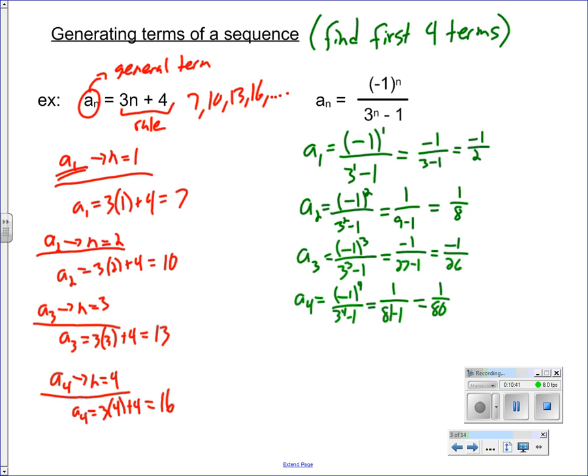So there's our first four terms. We can write those out in our sequence: negative 1/2, 1/8, negative 1/26, and 1/80. You can see that by using the (-1) raised to the n power, all my odd terms will be negative, and all the even terms will be positive. So you get an alternating sequence there.